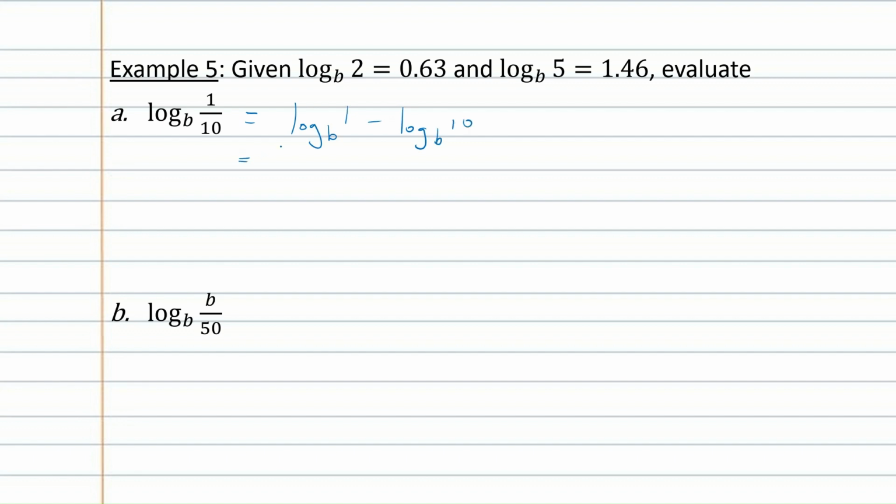Hopefully your properties are screaming at you right now that the log base b of 1 is just 0. So I have 0 minus the log base b of 10. Also, looking to break it up into a 2 and a 5. 10's a really easy one to break up.